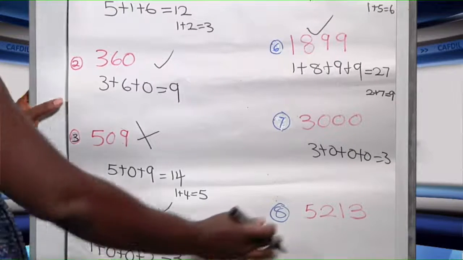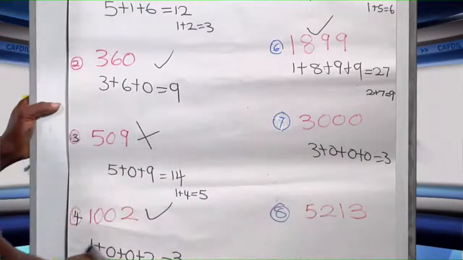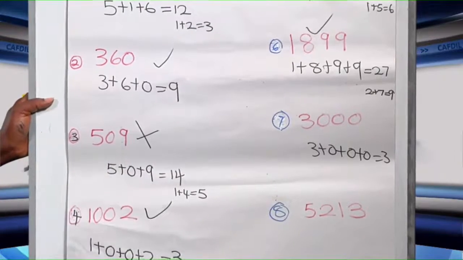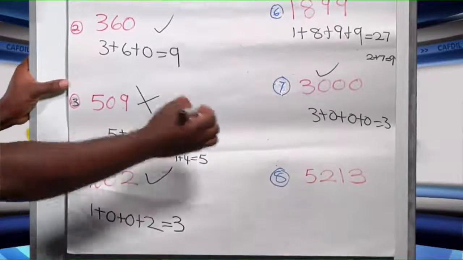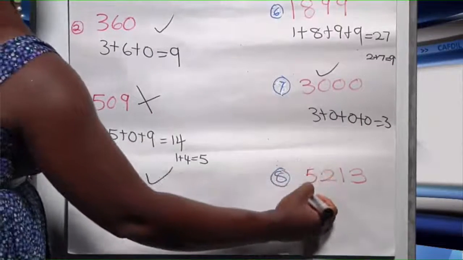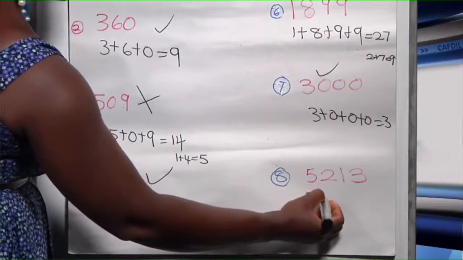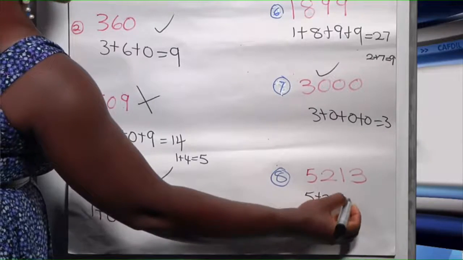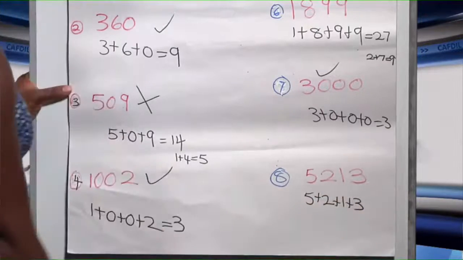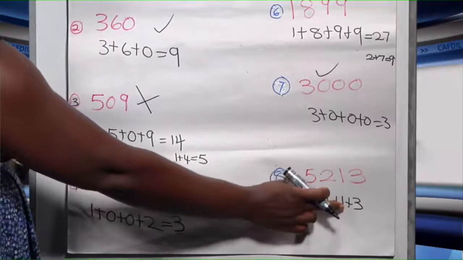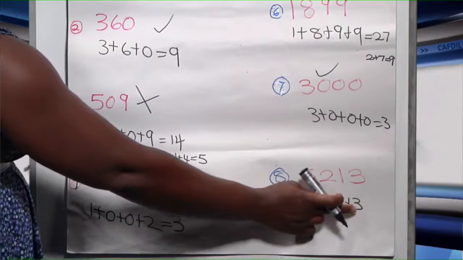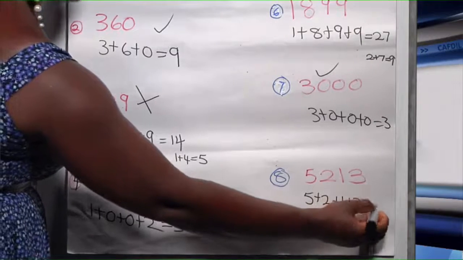Next one. 5213. Is it divisible by 3? Let's add the digits and see. 5 plus 2 plus 1 plus 3. 5 plus 2 is 7. 7 plus 1 is 8. 8 plus 3 is 11.